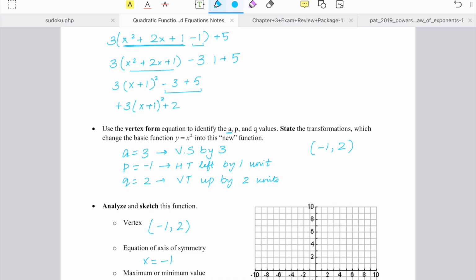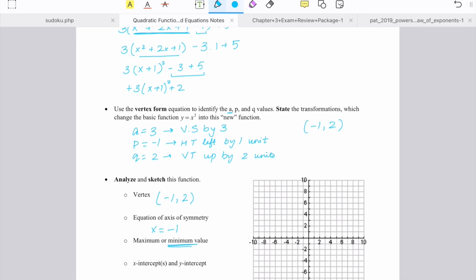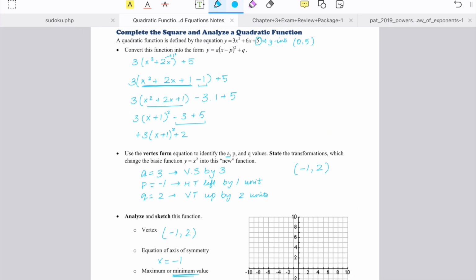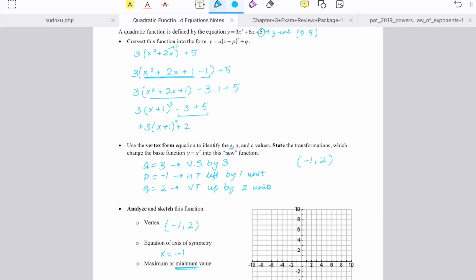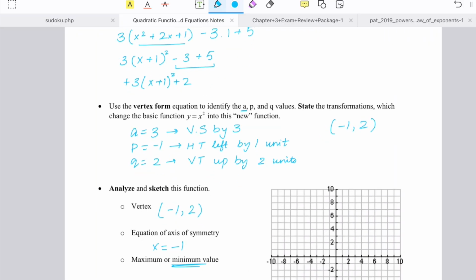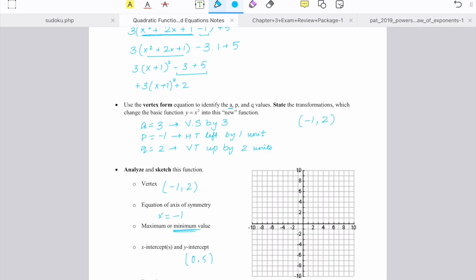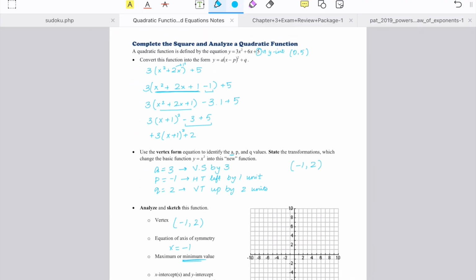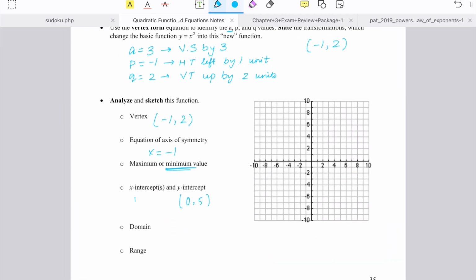So we'll have a min. Your x and y-intercept will be? We know our y-intercept already, (0, 5), right? And how can we find our x-intercept? If y is equal to 0, right? In this case, there aren't any x-intercepts.